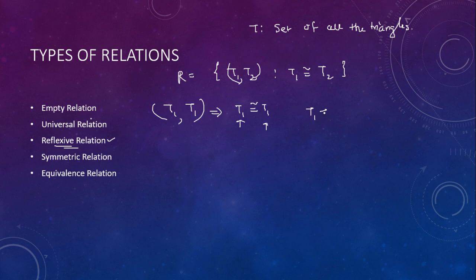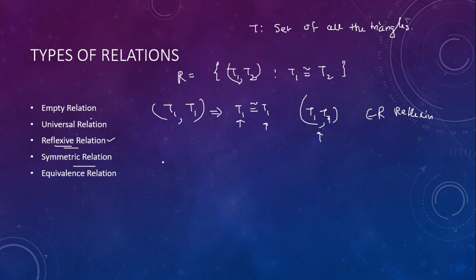So that means T1, T1 belongs to R. So whenever there is such a condition, it is called reflexive. Same elements are related with each other in the form of ordered pair.